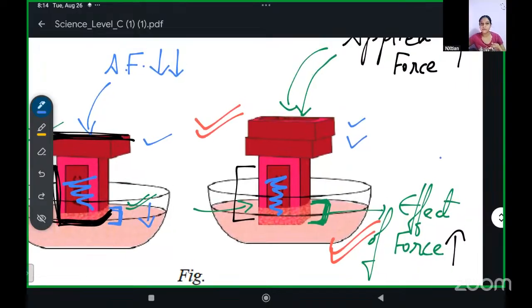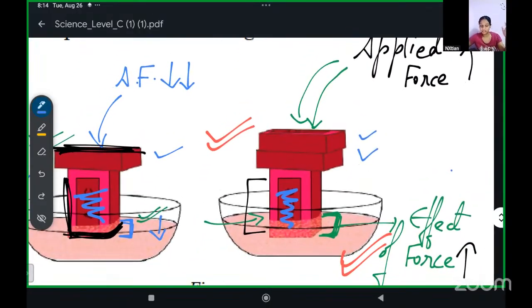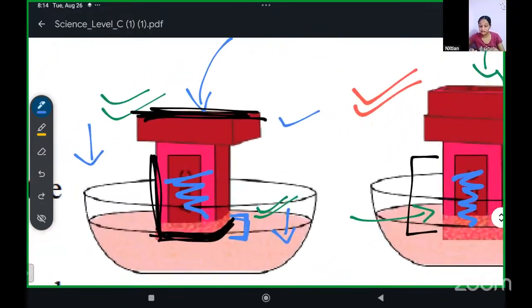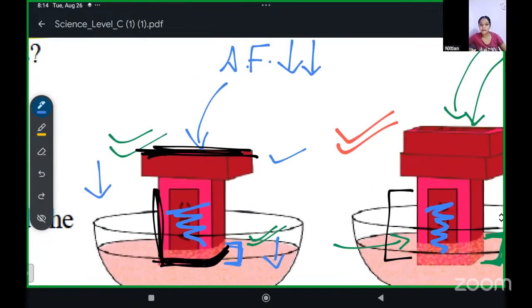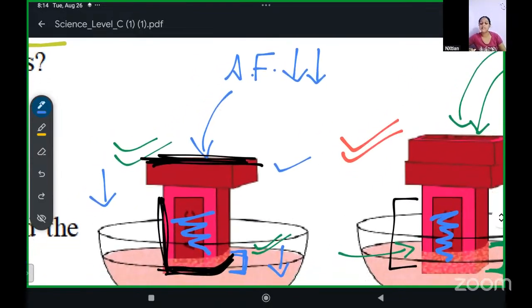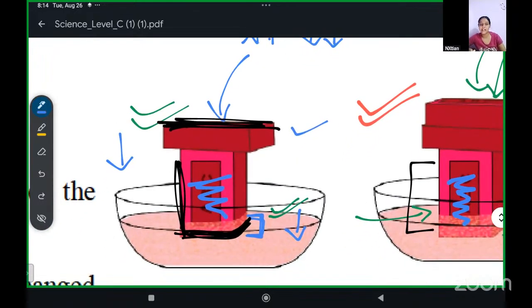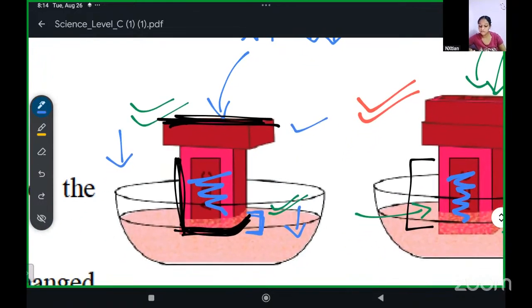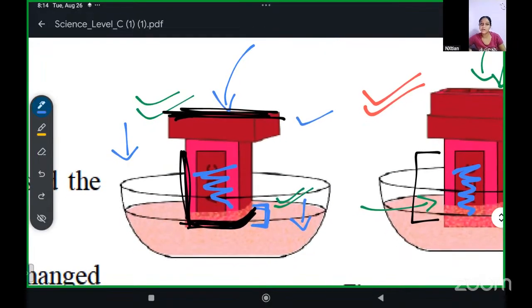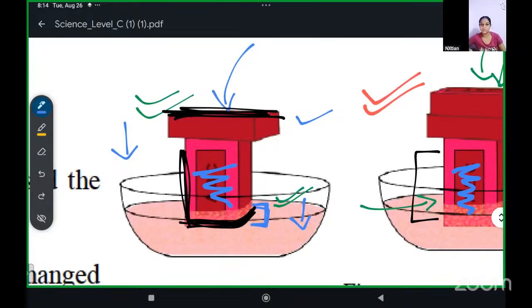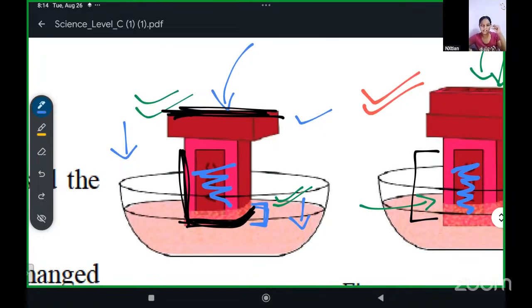If I reduce this, see the first one, only one brick is applied. The applied force is less because only one brick is used. So the vertical brick goes less inside the sand, because the effect of pressure is less.